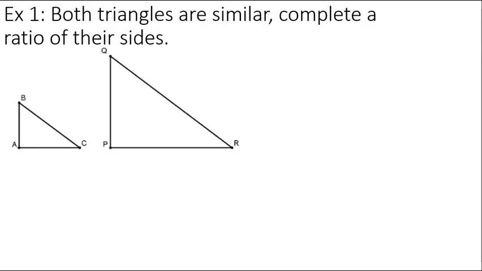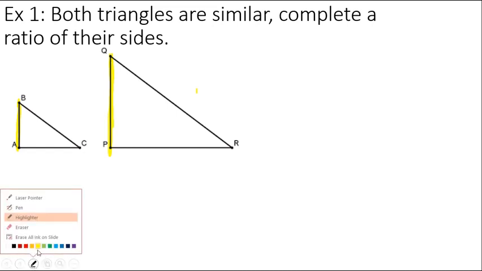It says both triangles are similar. You're going to complete a ratio of their sides. So what you do first is just figure out what sides go together. So we know that side AB goes with side QP right here.